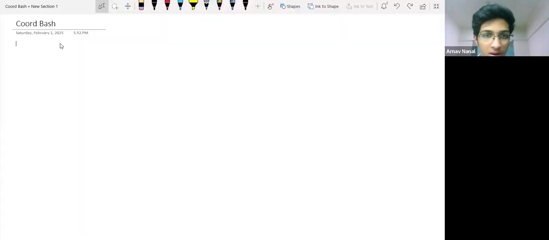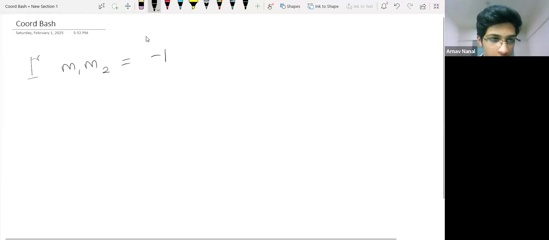So to show two lines are perpendicular, you can show that the product of slopes is -1.